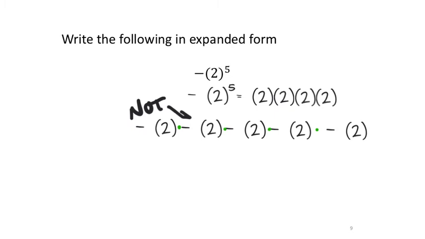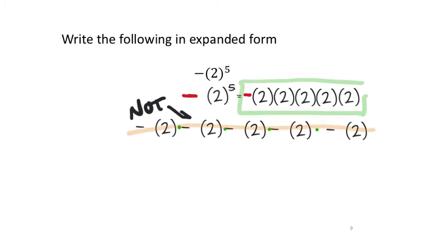And 1 more. There we go. 5 of these. Okay, but then we would apply that negative out to the front. So the negative that's out there in the front, it just stays out there in the front. So as it turns out, this one is actually our final answer in expanded form. Again, it's not this one, okay?